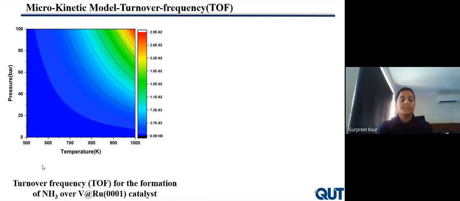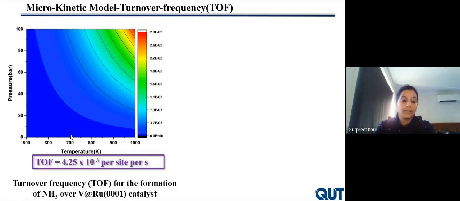Here the contour plot shows the turnover frequency. That's a very important factor to analyze the activity of a catalyst. We calculated the turnover frequency in the temperature range of 500 to 1000 Kelvin and the pressure ranging from 0 to 100 bar.